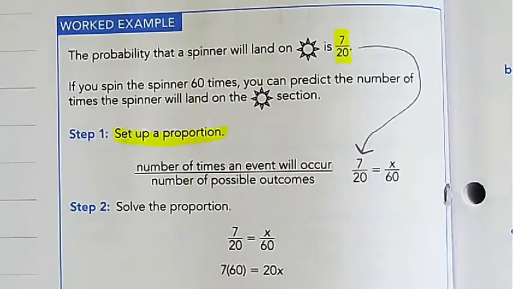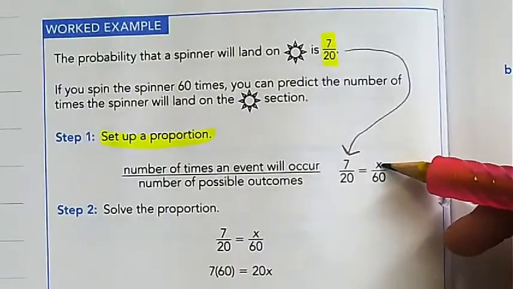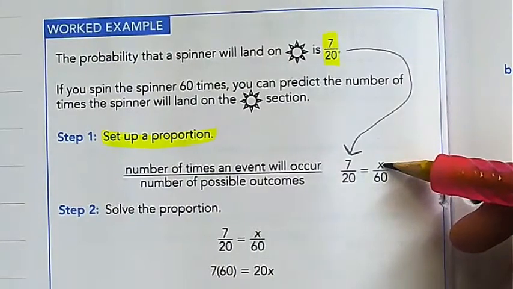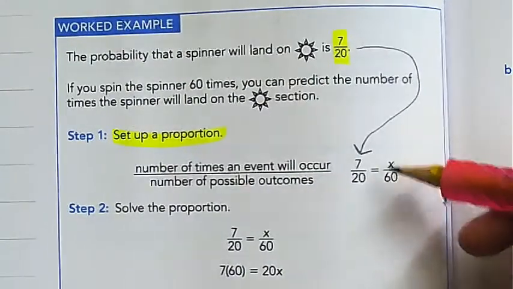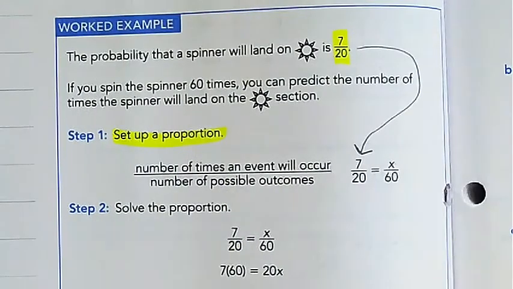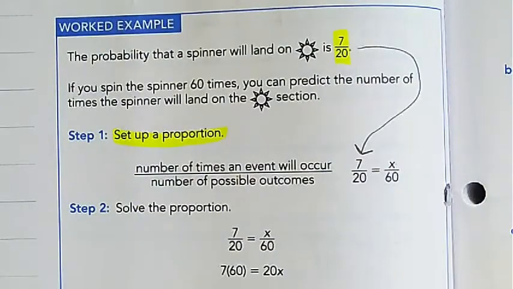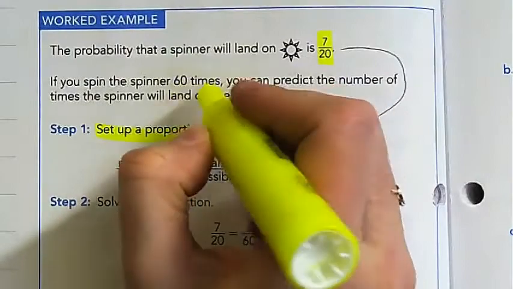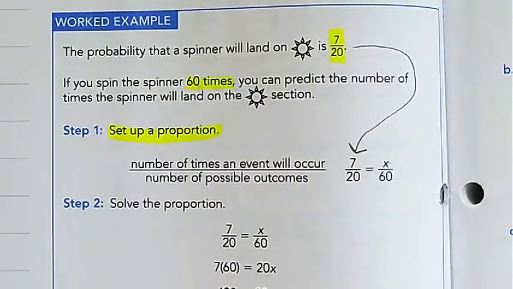And we're being asked how many times, x, we can expect the spinner to land on the sun out of 60 total spins. We're going to spin it 60 times.